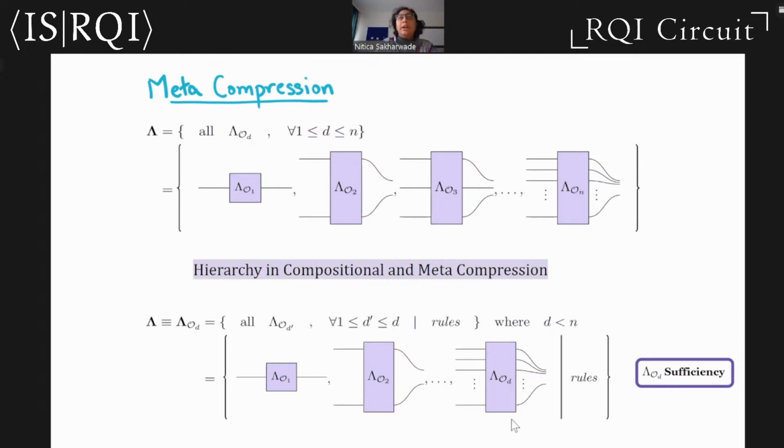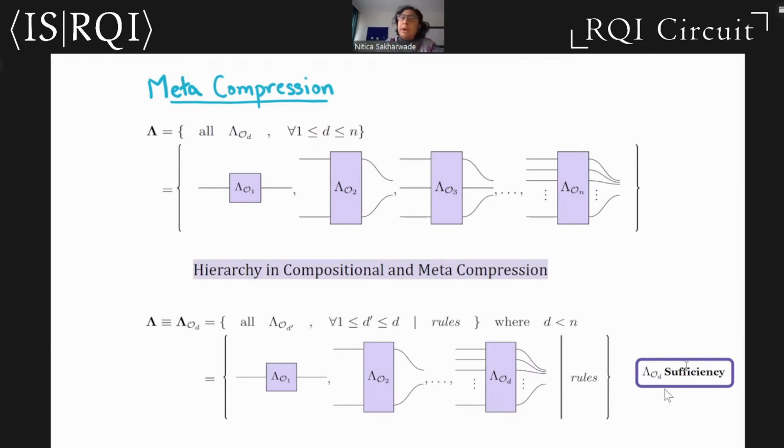And here we define a hierarchy by cutting this off at D regions. And as long as you provide the rules to get back lambda O N, where n is greater than D, then you can say you have some meta compression, with your causaloid being described by a smaller list. And we call this rung of the hierarchy lambda O D.